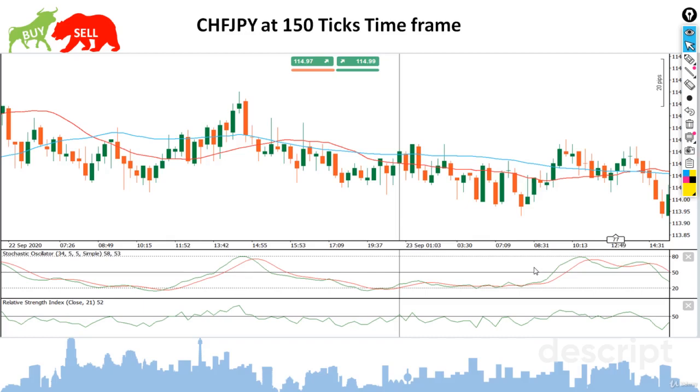And here we have a cross pair, CHF/JPY, at 150 ticks time frame. I'm using this time frame for opening a position because it optimizes your entry. As we can see here, CHF/JPY is not a very liquid market, and the characteristic of CHF/JPY is that it's very choppy.